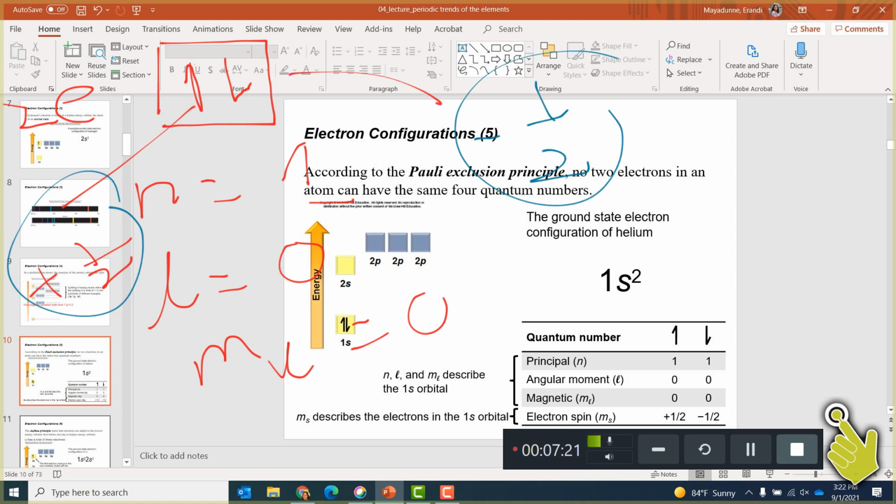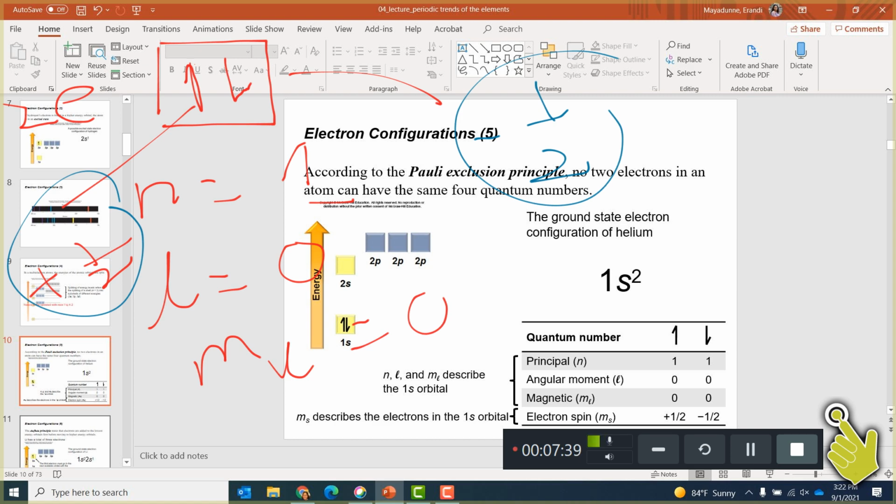According to the Pauli's exclusion principle, no two electrons in an atom can have the same 4 quantum numbers.